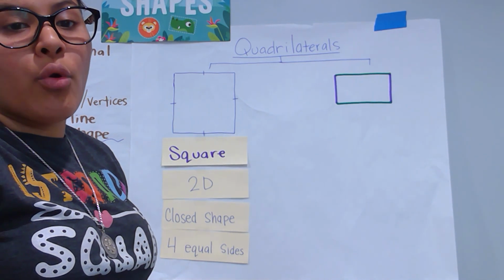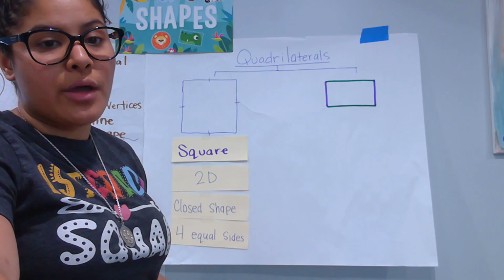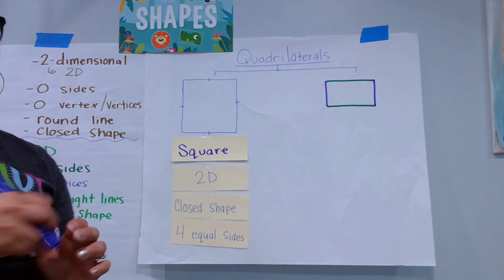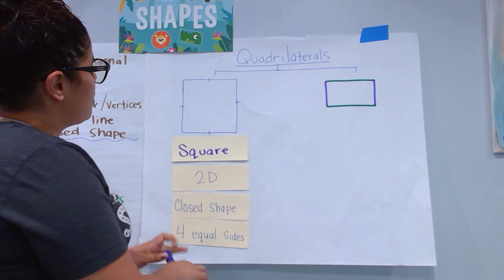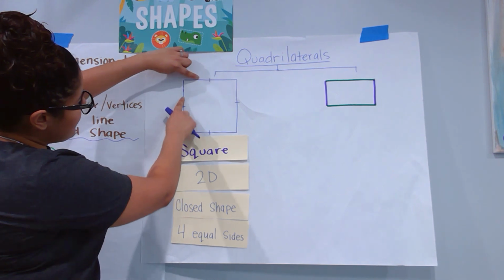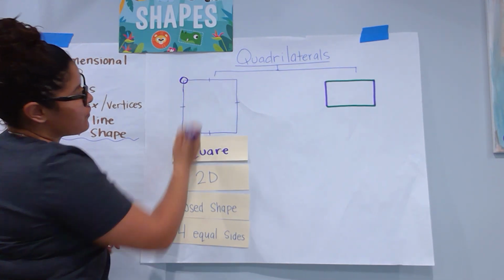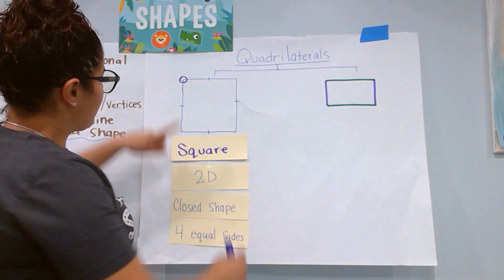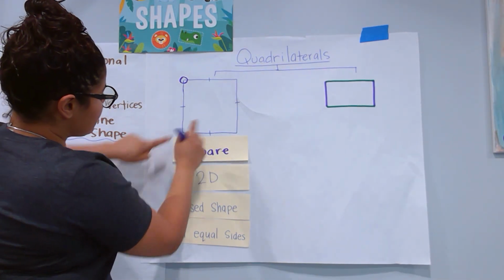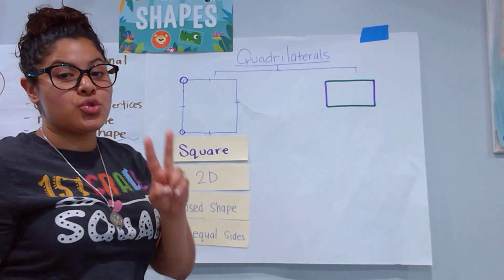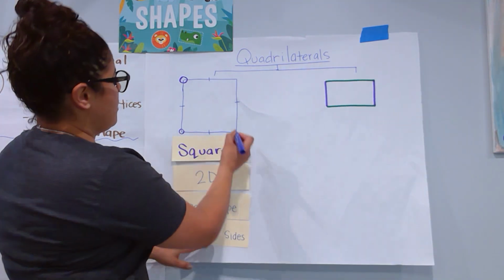And then we have one more attribute that we could also count together, and those would be to count the vertices. So where two lines meet is a vertex, and a vertex is for one. Two lines meet, that's another vertex. Vertices means two or more.